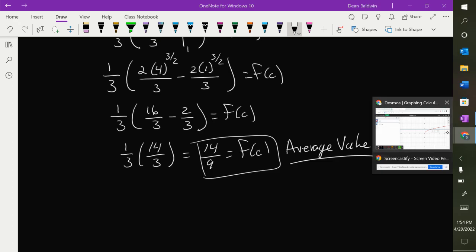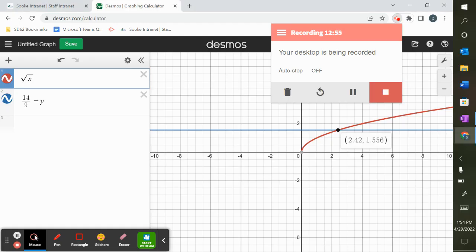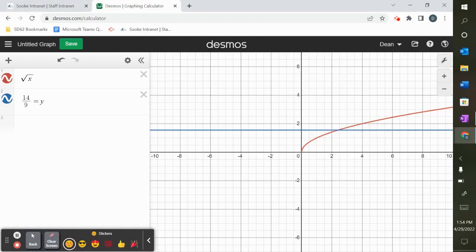And if you look at the graph, here is the graph of the square root between 1 and 4, right there.